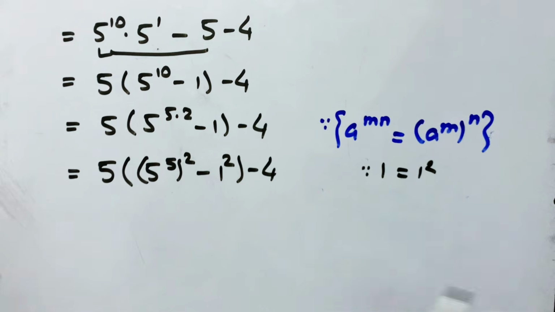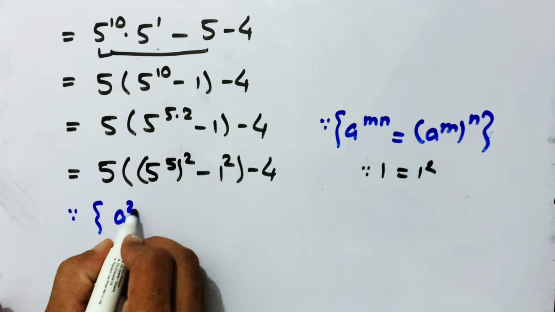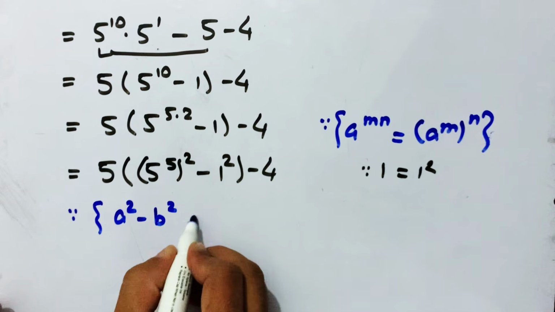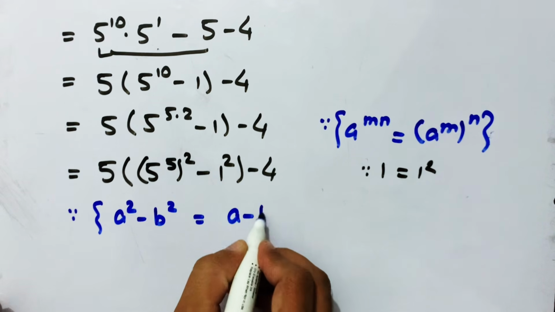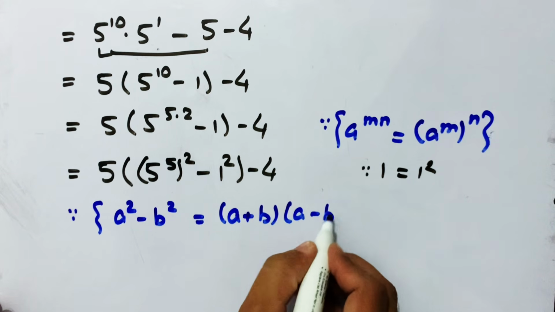This is the formula of a squared minus b squared, which equals a minus b into a plus b.